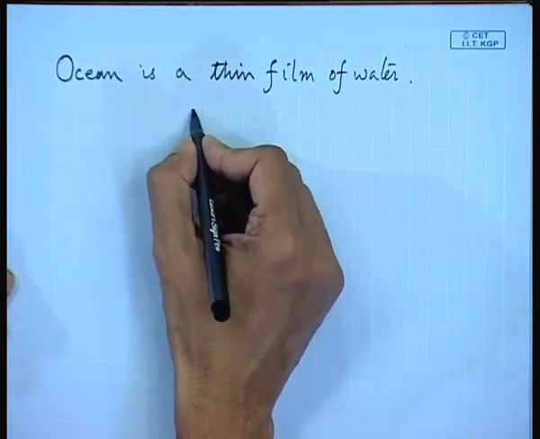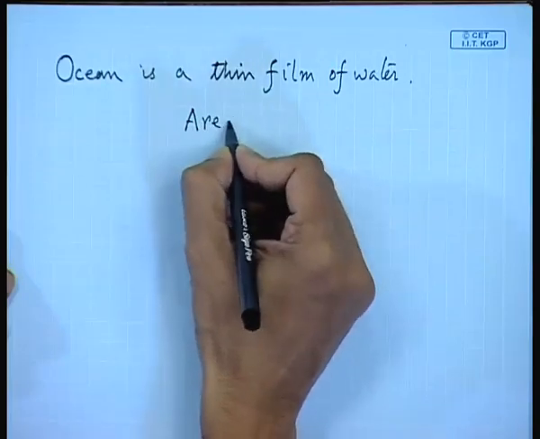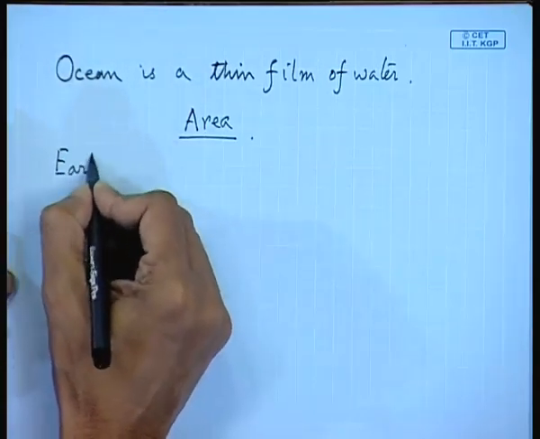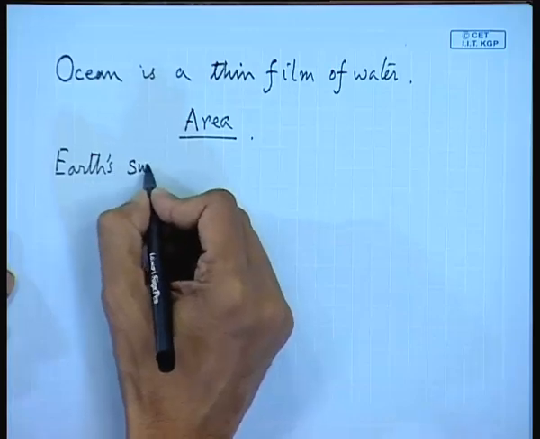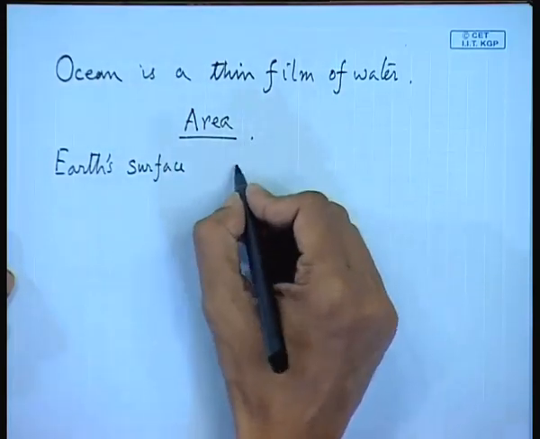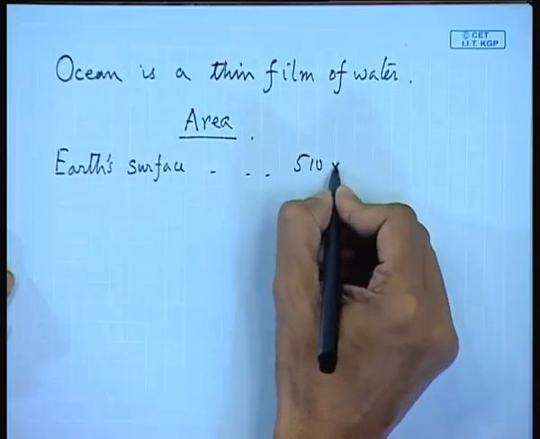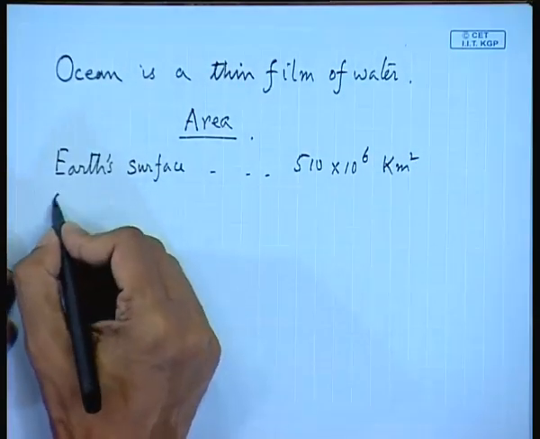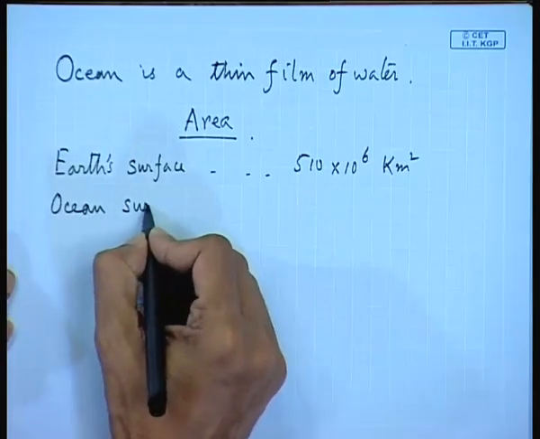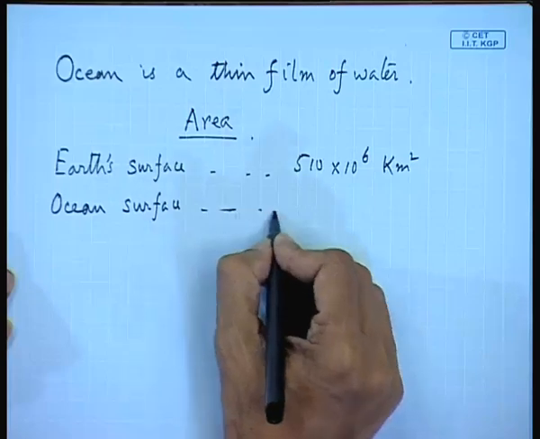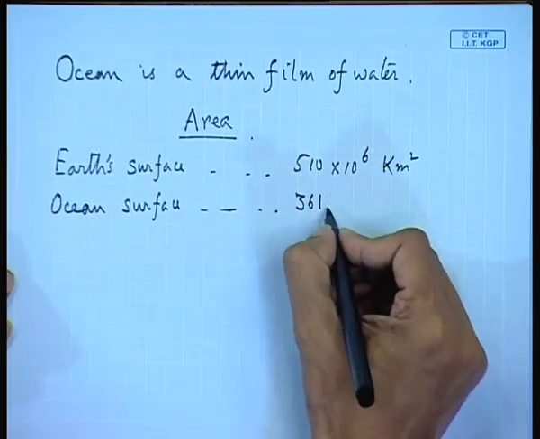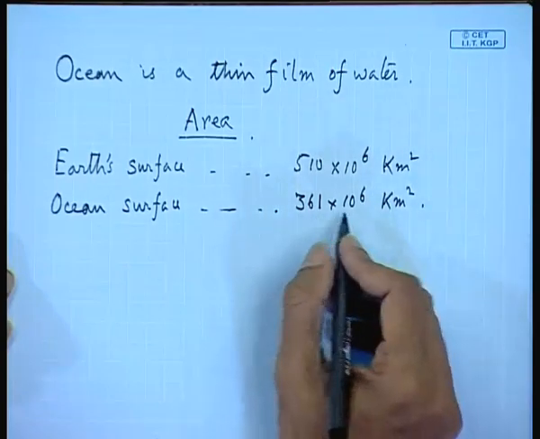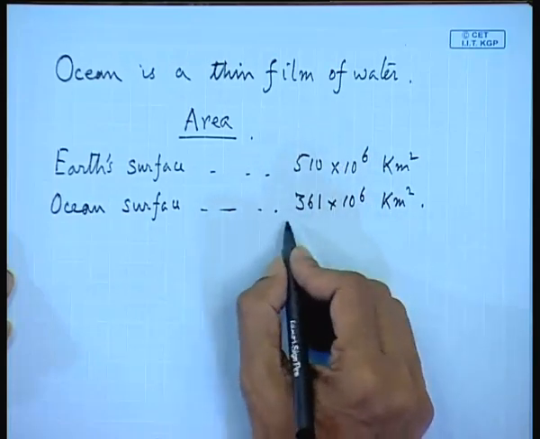Now, if one acquires the spatial data, one finds that the Earth's surface is 510 into 10 to the power 6 square kilometers, whereas the ocean surface is 361 into 10 to the power 6 square kilometers.